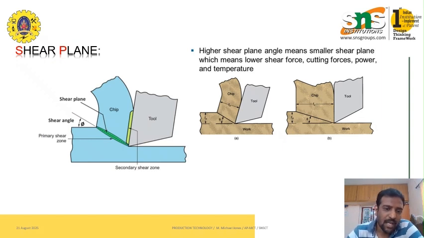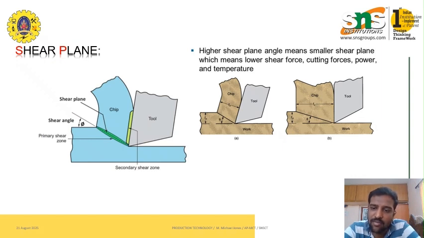So here the first images, A and B, show the difference between a higher shear plane and a lower shear plane. When a higher shear plane is maintained, we can have smaller chips, and with a lower shear plane we will have much larger chips.